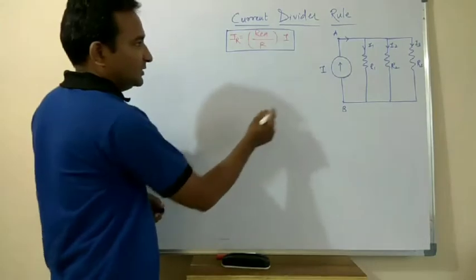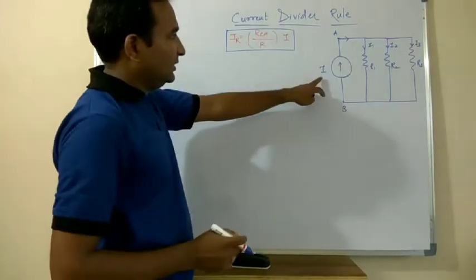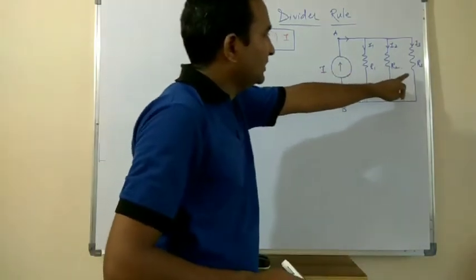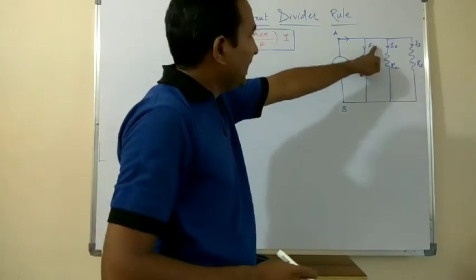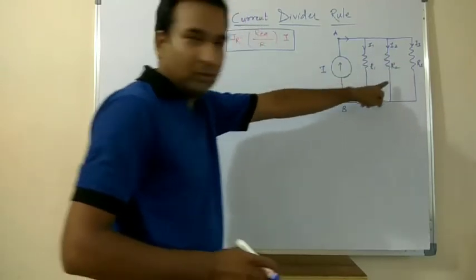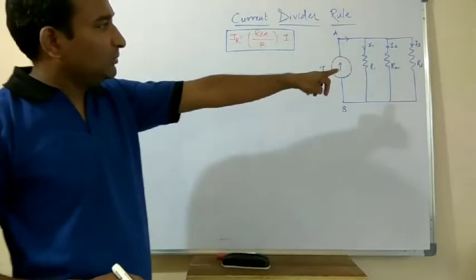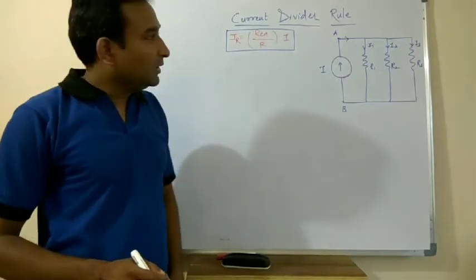In that case, consider a current source I and three parallel resistors R1, R2 and R3. I1 is flowing through R1, I2 is flowing through R2 and I3 is flowing through R3.